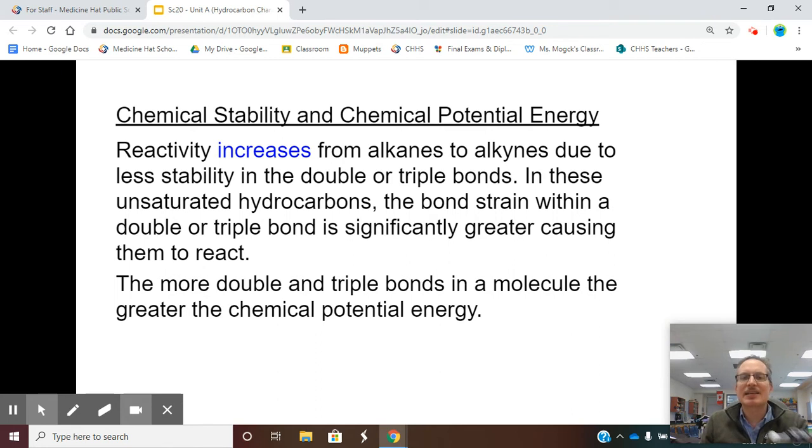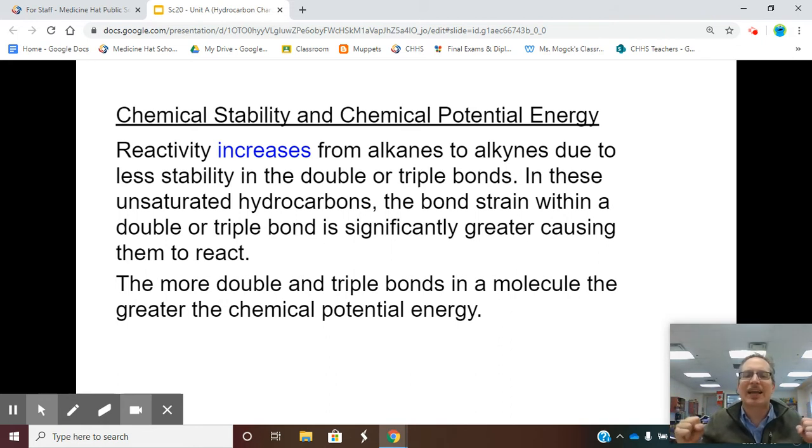In these unsaturated hydrocarbons, the bond strain on these bonds, the stretching, the bending on these bonds is so great it causes them to want to react. Remember, a bond represents a set of shared electron pairs. So when you put three sets of electron pairs this close together, these negative electrons this close together, they want to get away from each other.